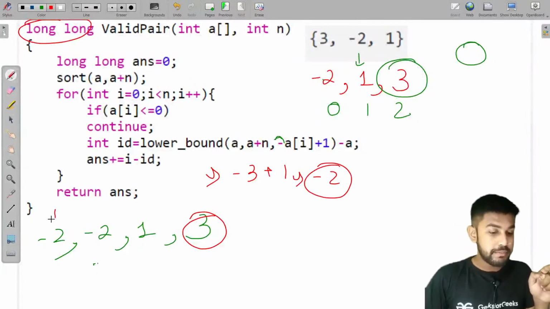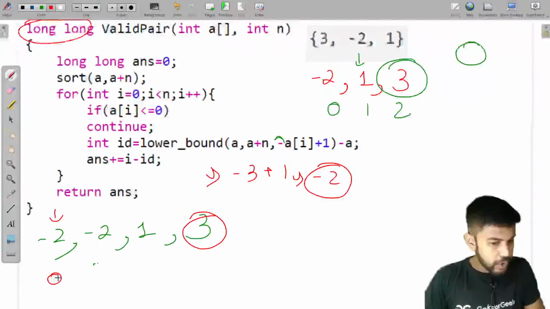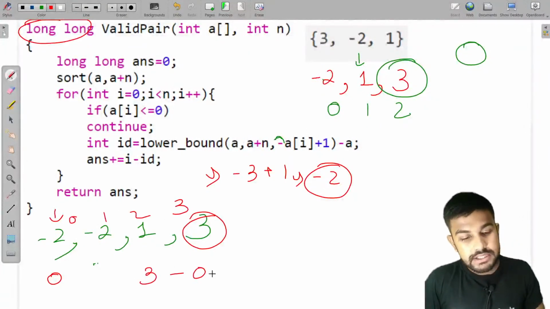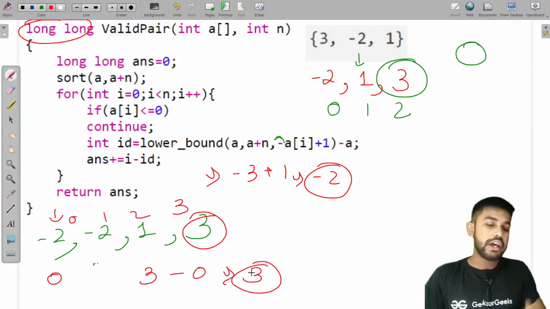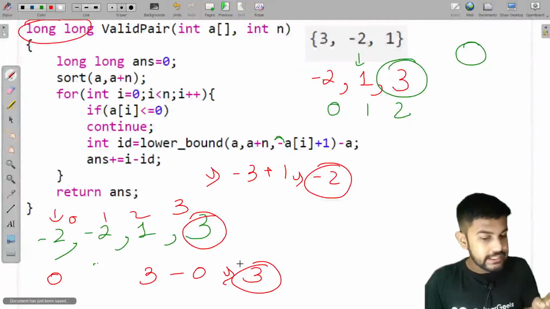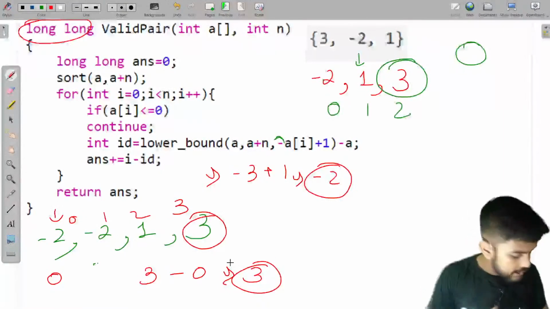So we would search the -2 value. The lower bound would report me 0. So 0, 1, 2 and 3. So 3 minus 0 is equal to 3. So there are 3 pairs with 3 that would add to the answer as greater than 0. Is this clear? So this negative duplicate case is also done.